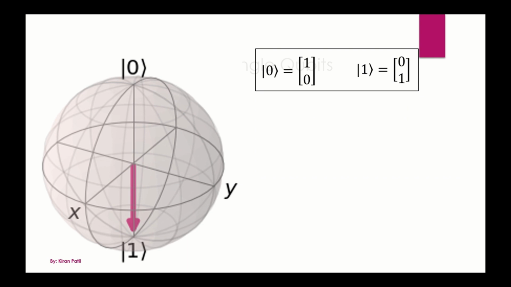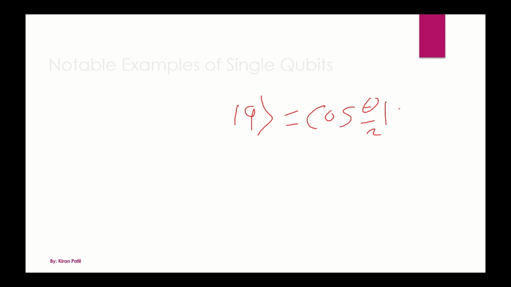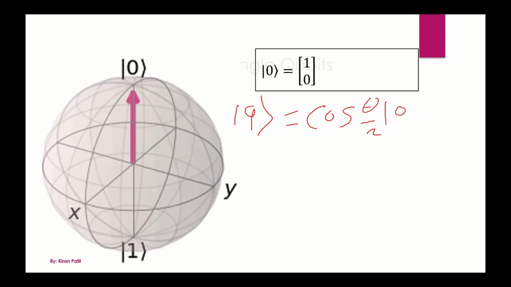we found that the qubit q is given by the equation cos theta by 2 Ket 0 plus sin theta by 2 Ket 1, with one multiplication factor, e raised to i phi.